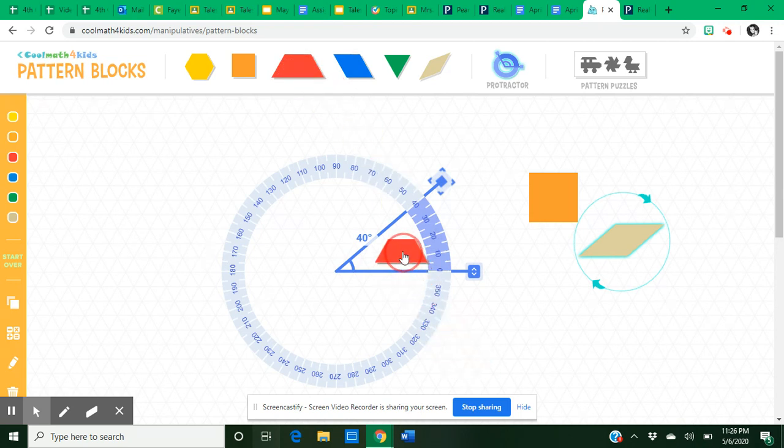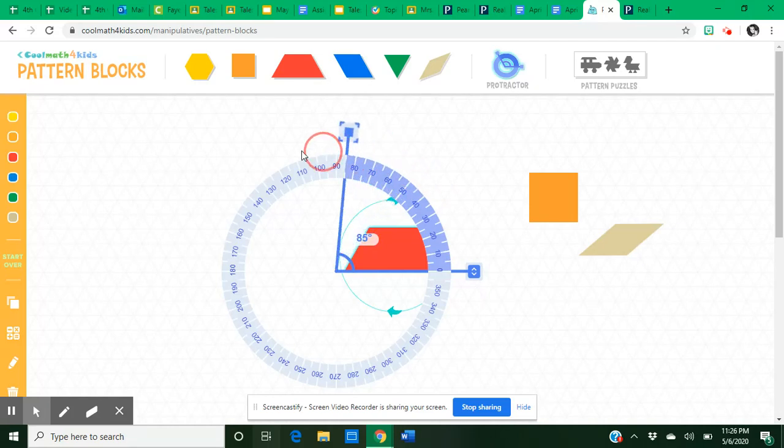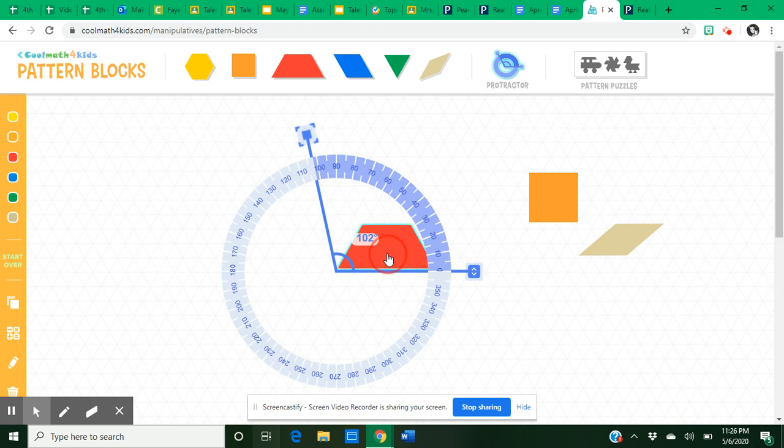Let's use this trapezoid, for example. Okay, I want to look at my trapezoid, and I don't want to look at this bottom angle. I want to look at the top one. So instead, I'm going to spin my trapezoid around until it's upside down, and I want to match this angle.